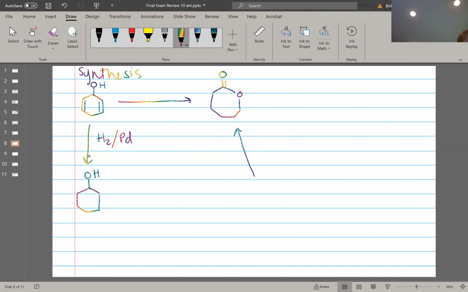Is there anything that we could do to the alcohol to get it to something that could actually be turned into the ester?